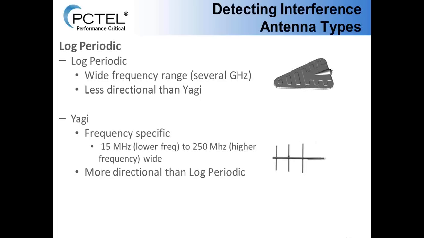The advantage is it's more directional than a log periodic, so it's a little easier to hunt down the interferer. The downside is I have to have multiple antennas to cover my mobile network if I want to hunt for interference in every one of the bands that I might have.